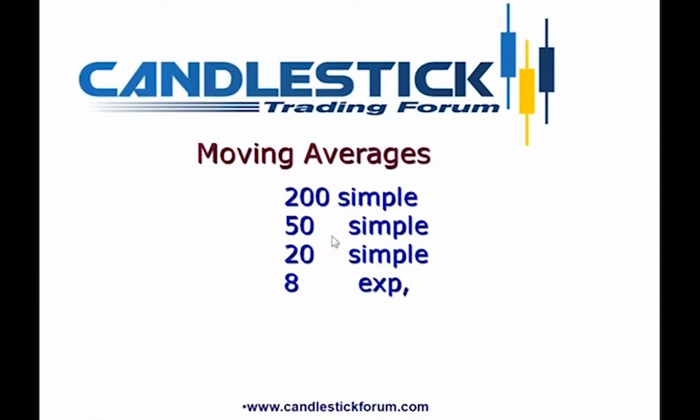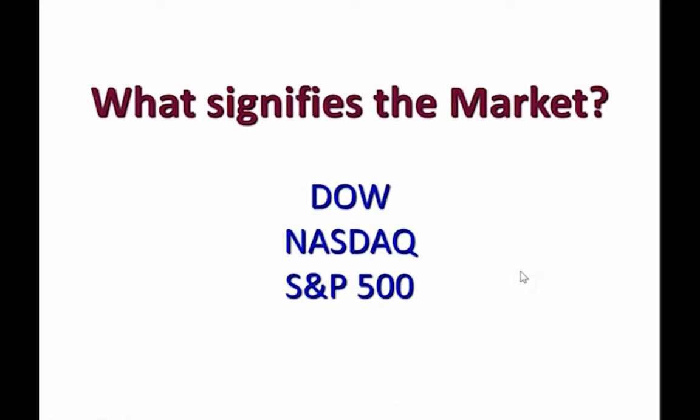You've got the 20, 50, and 200-day simple moving averages. The reason for that is every major money manager around the world uses those moving averages to make their decisions. The important one is going to be down here, the 8 exponential moving average, which we call the T-line. We'll get to that, but it's very effective.